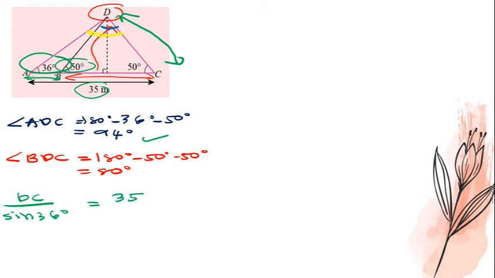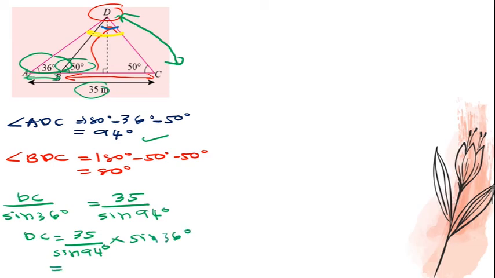So DC is equal to 35 divided by sine 94 multiplied by sine 36 degrees. You will get the length of DC as 20.6227 meters.